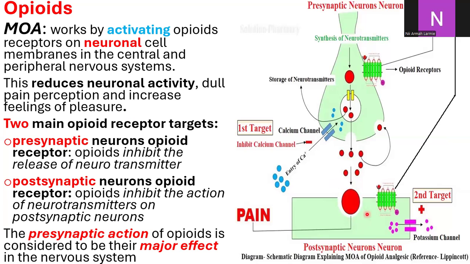It has been shown that the activity at the presynaptic level, which is the inhibition of the release of the neurotransmitters, is considered the major effect, whereas the activity at the postsynaptic level is the minor effect.